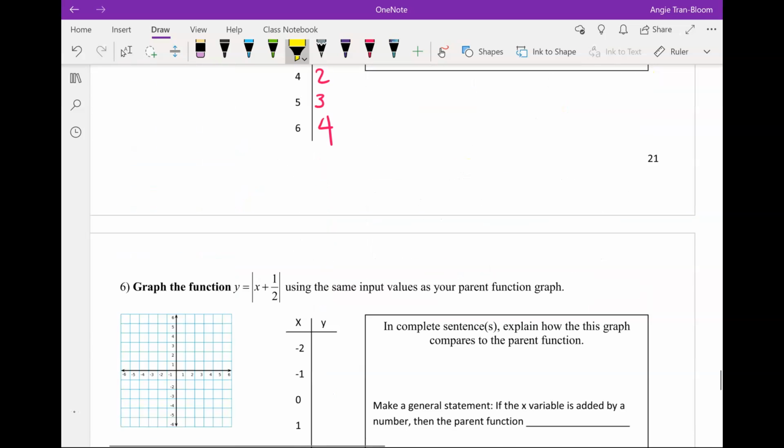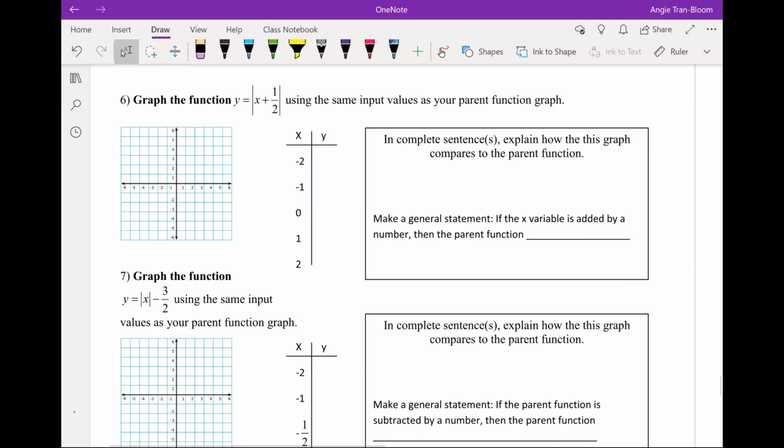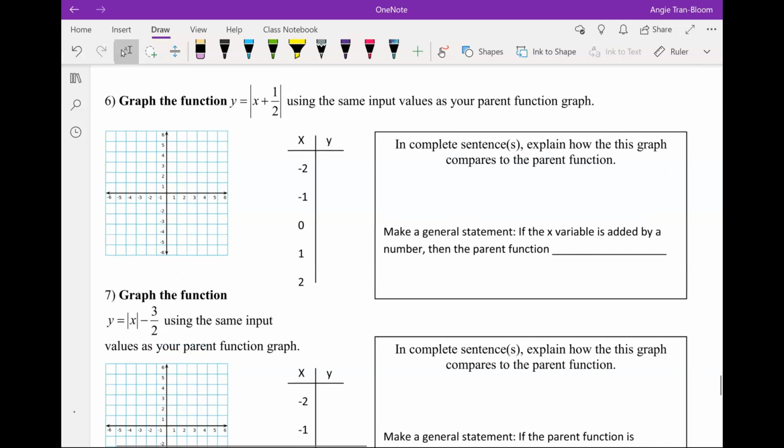Now we are going to do the same thing. I would like for you to take 6, find all the outputs, and I'm just going to call one of us to give me all of our outputs. We'll put a minute on the clock. Okay?